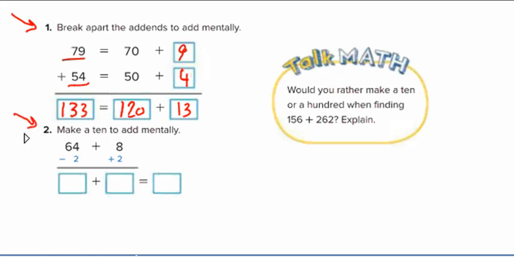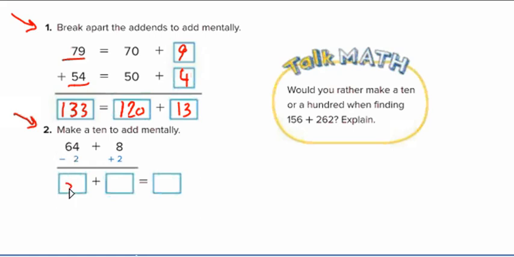Number 2. Make a 10 to add mentally. We will use another way. 64 plus 8. It is easier to convert 8 to 10 by adding how many? Yes, by adding 2. So we will subtract 2 from 64.